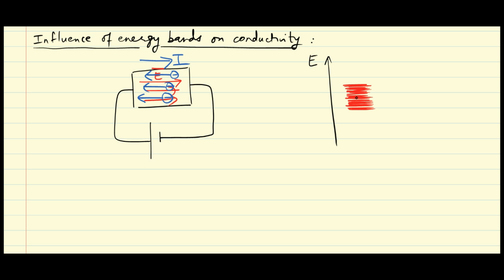And this red thing is some energy band. Now let's imagine that there is an electron in this solid which is energy wise situated at this point. So it is in this particular energy band, and its energy level corresponds to this much.